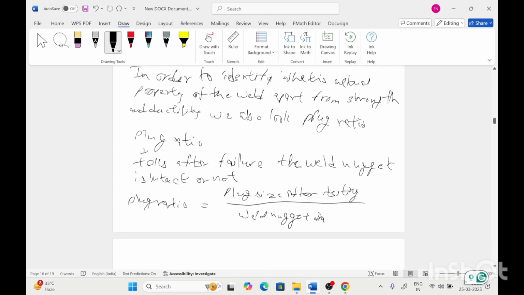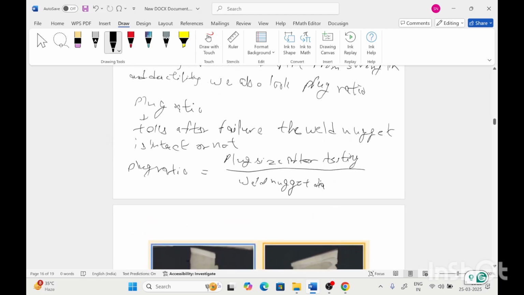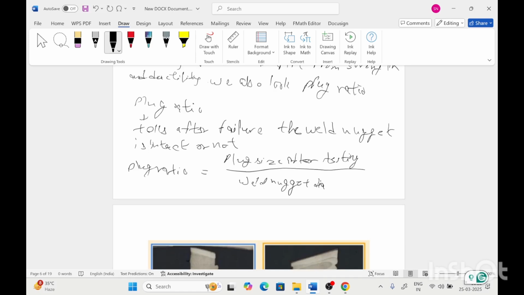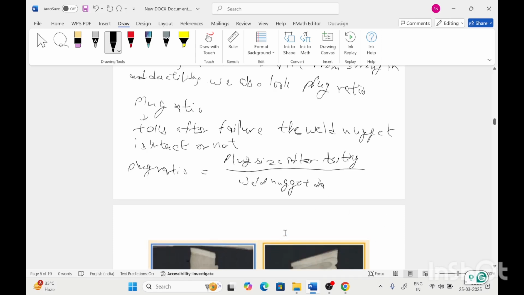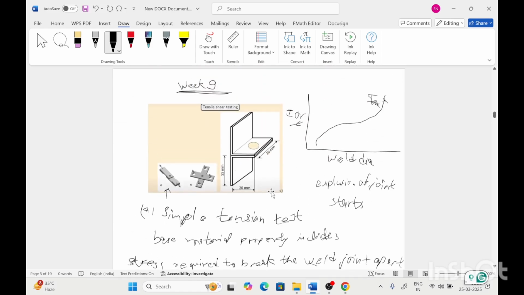The solution to remove the effect of the mechanical properties of the base material is the second test, the cross tension test.